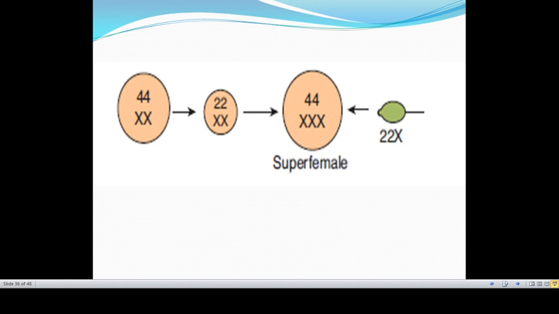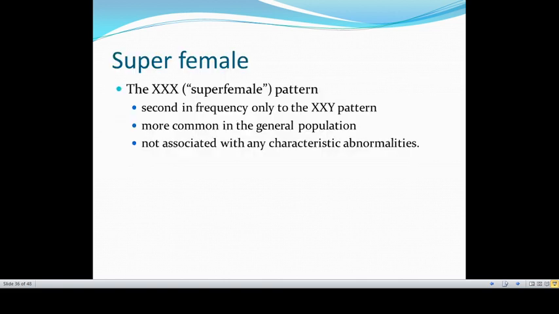This figure shows that the ovum received both X chromosomes from the mother, and the fertilized zygote has the 44XXX chromosomal pattern. Individuals with this pattern are also known as superfemales.